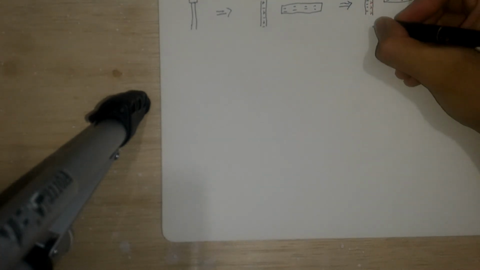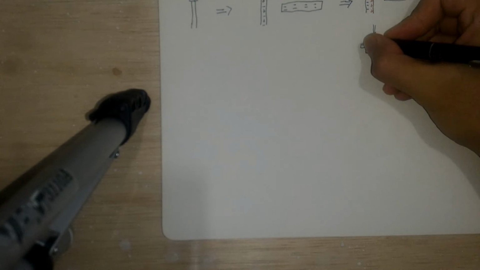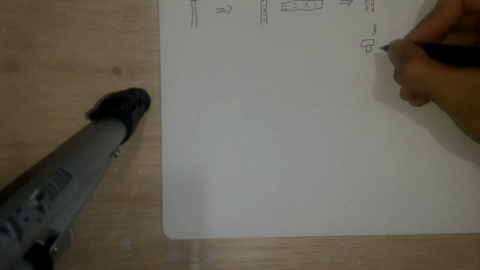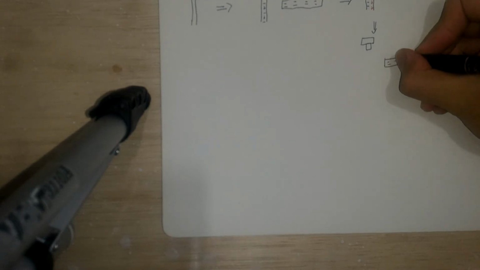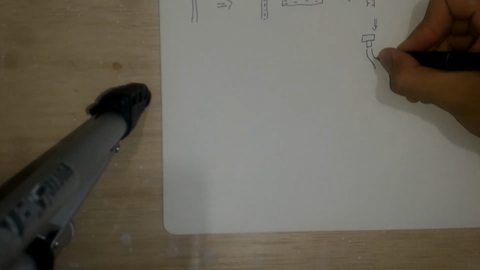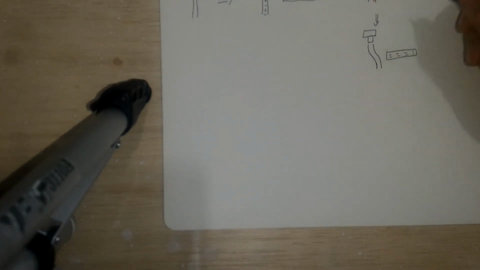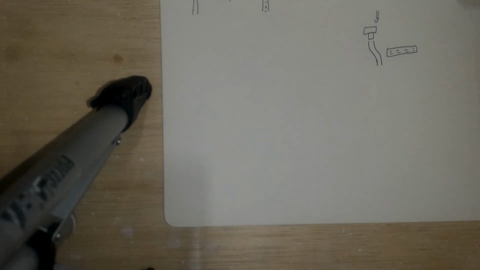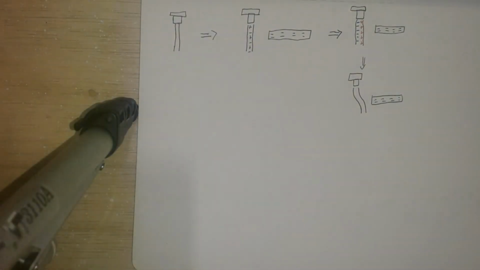Because of this, the water from the tap will bend toward the ruler, since the right side is more positive now. This is called the water being polarized.